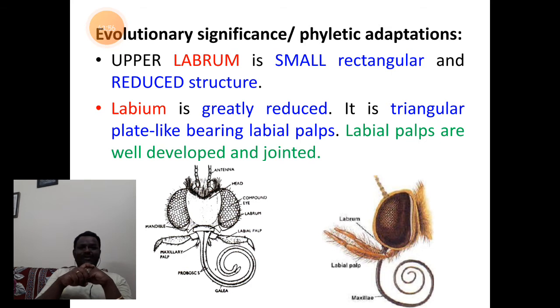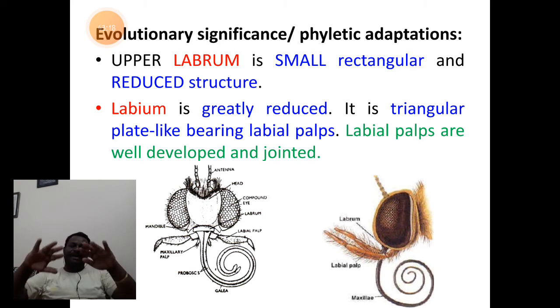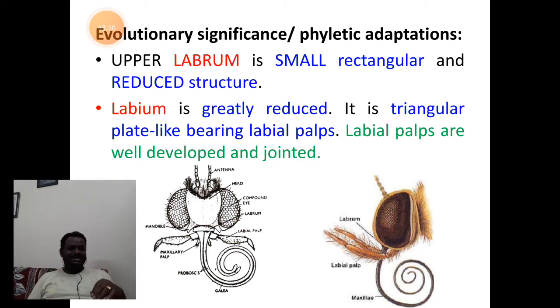The general function of labial palps is to assist in keeping the position of the proboscis at the time of feeding. Number 1, it brings in the adjustment of the position of the proboscis. Number 2, it also helps in holding the soft parts of the flowers, that is the petals.